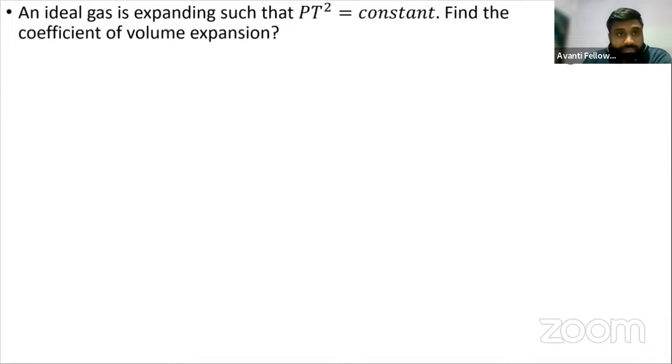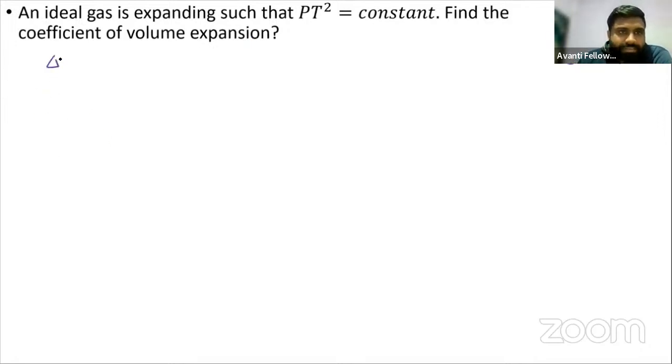So the question says that an ideal gas is expanding such that PT square equals a constant. Now find the coefficient of volume expansion. We already covered what volume expansion is.